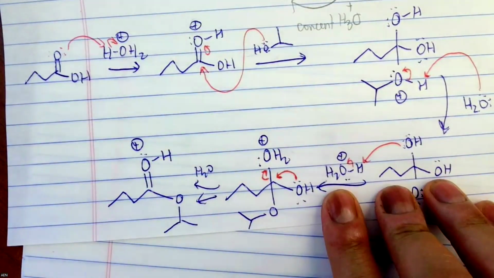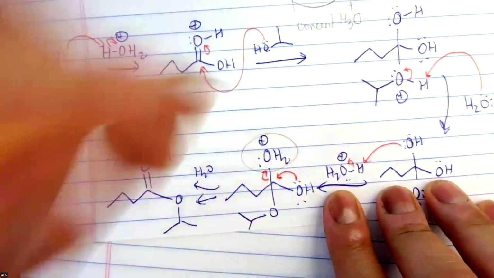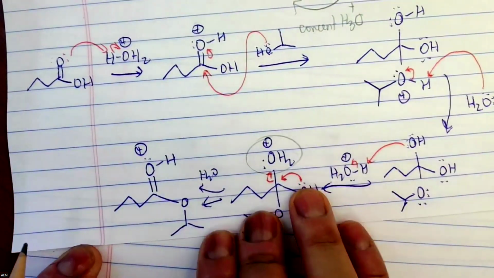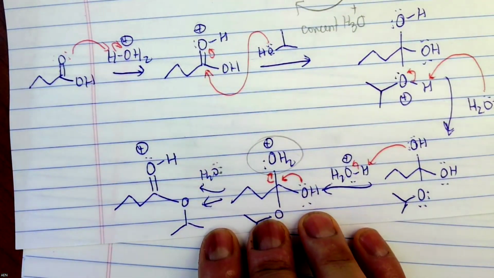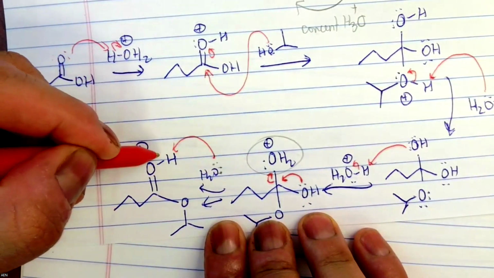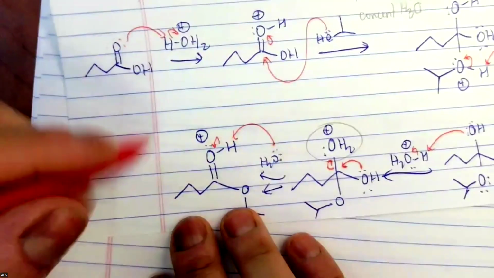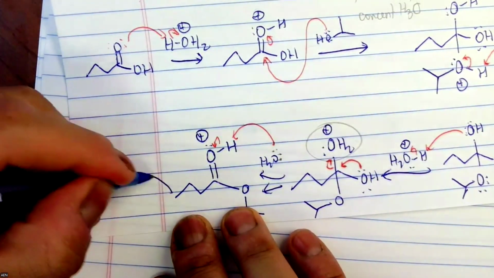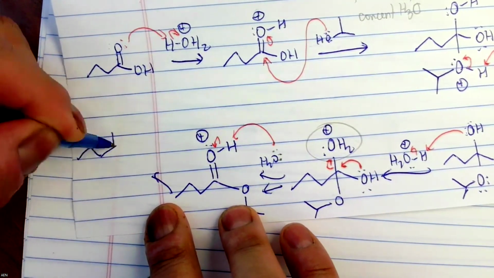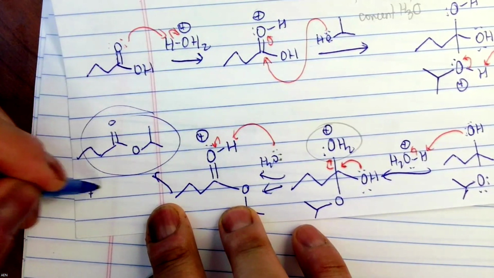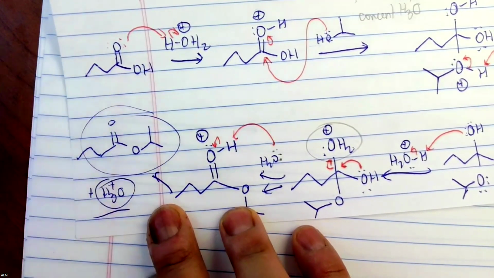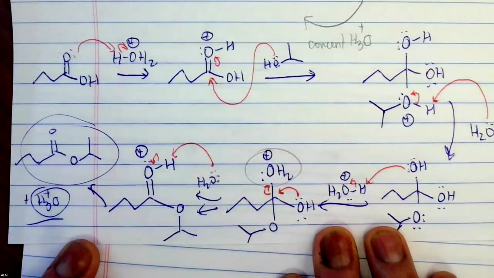That water gets lost. I'll circle it so you can recognize which water gets lost. And then this water helps me deprotonate that extra hydrogen right there. And you get your final product, right? Plus H3O plus, which is my catalyst. You get the ester. This is the Fischer esterification.